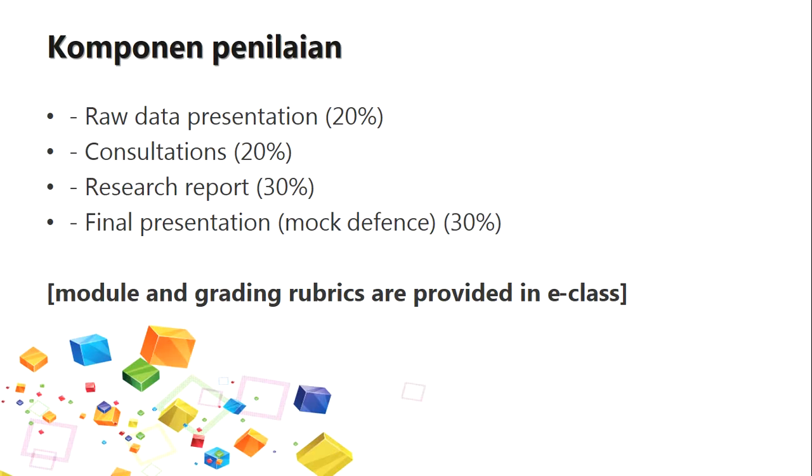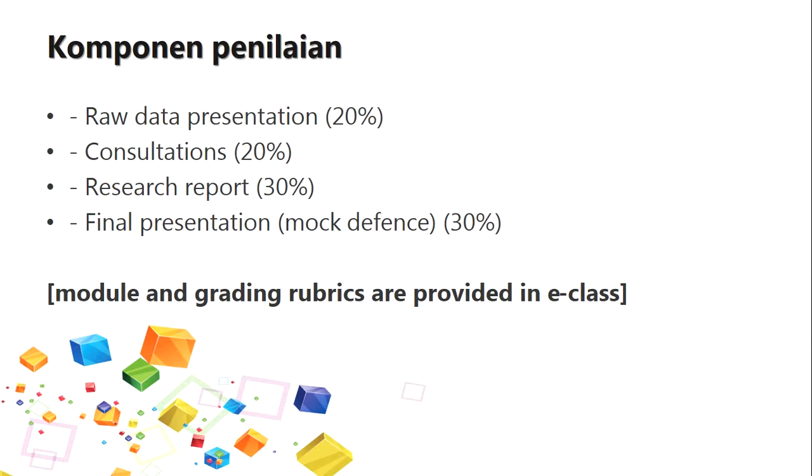For example, if you are doing interview, then would like to see the transcripts and then the consent forms, for example. This is important to ensure that the techniques of data gathering that you do are methodologically correct, because ideally this is the data gathering of your skripsi, so this is very important.